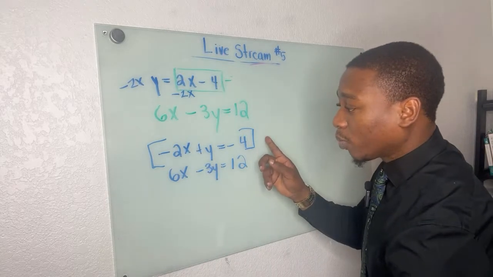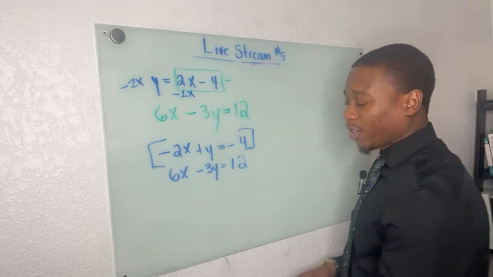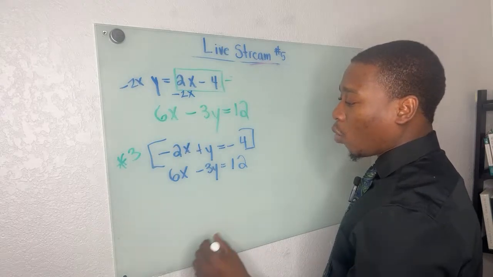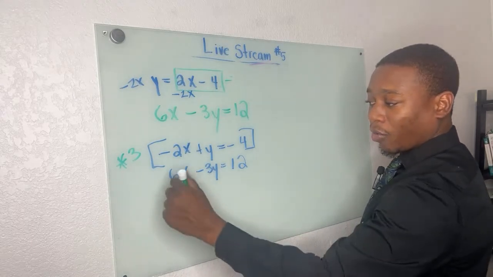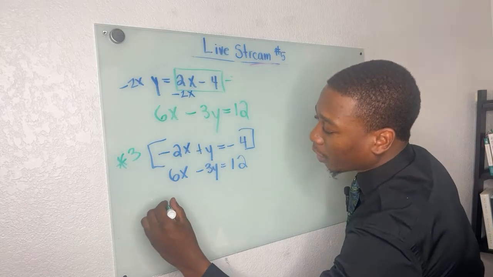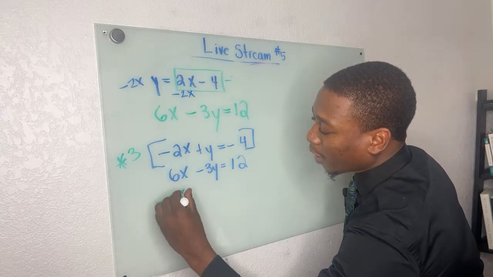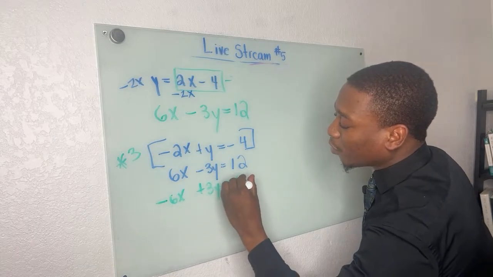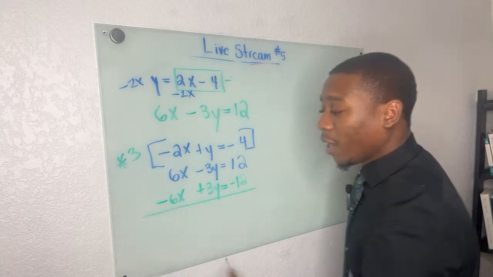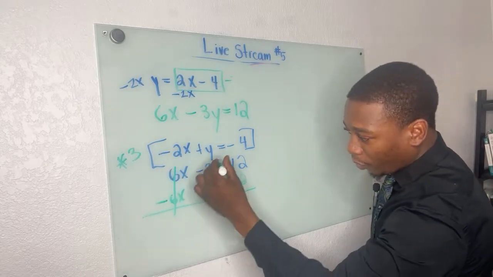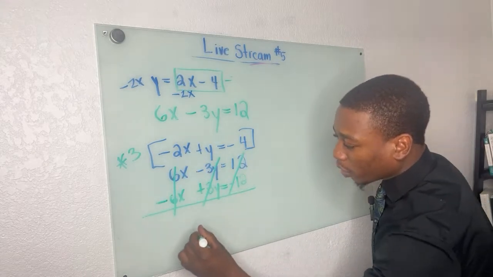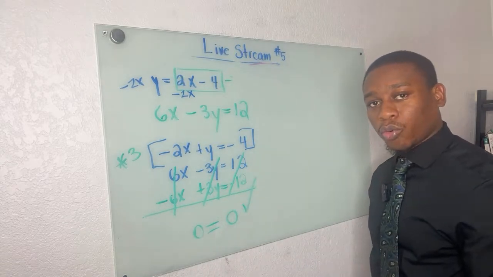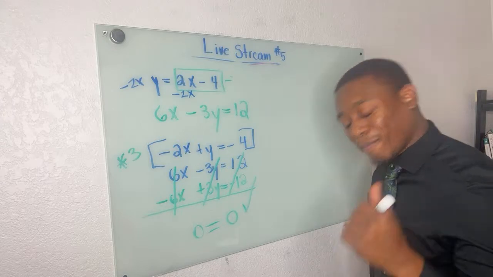So if I multiply this first equation by 3, we're using the elimination process. We're going to get negative 6x plus 3y is equal to negative 12. Once we now combine, everything cancels out, and we could say that 0 is equal to 0, which is a true statement, right?